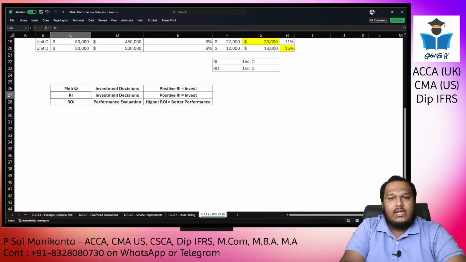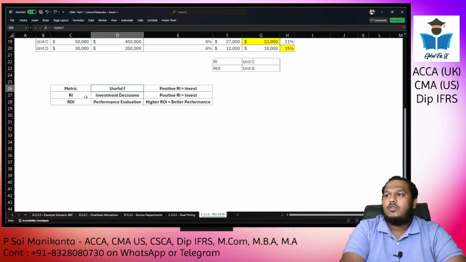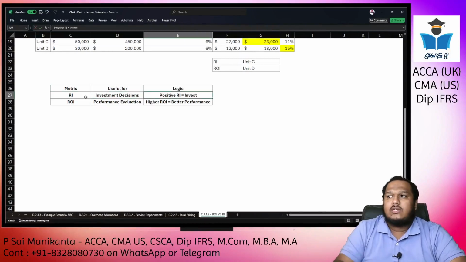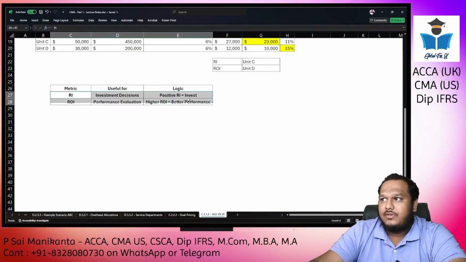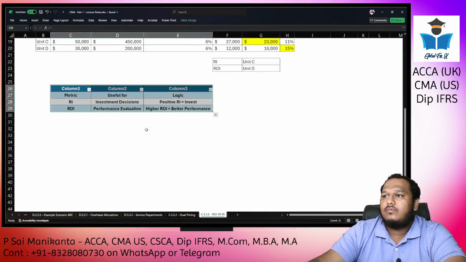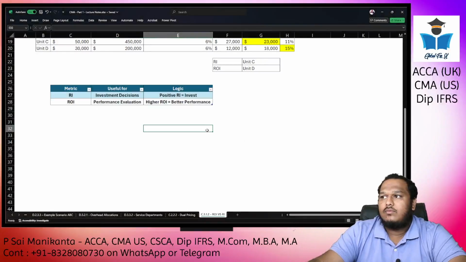Metric: ROI, RI. Useful for investment decisions and performance evaluation. Logic is that positive RI, invest; higher ROI is better performance. Done. Clear?